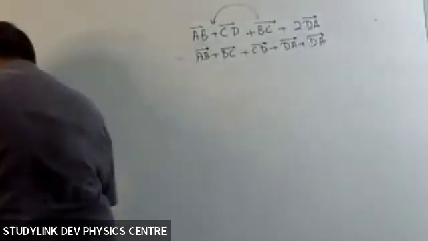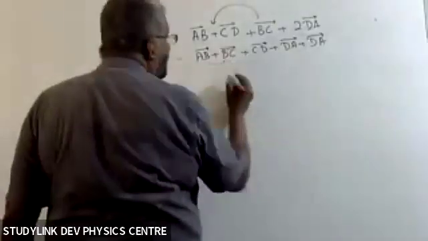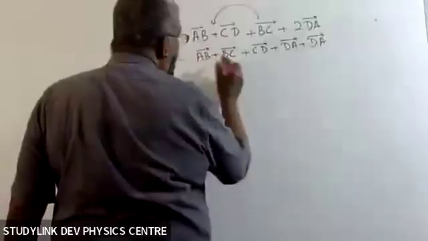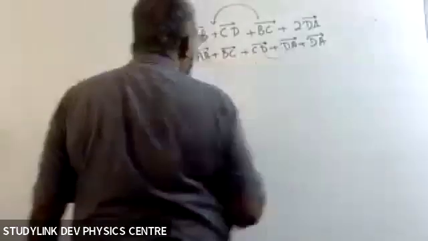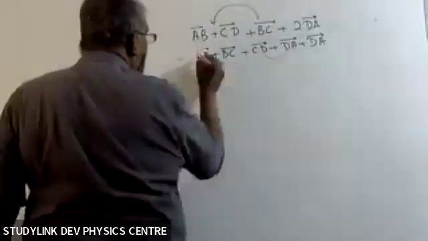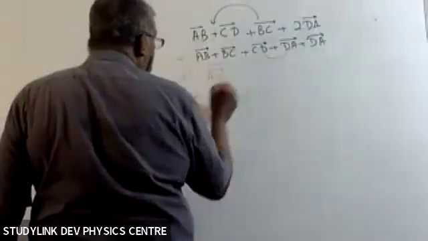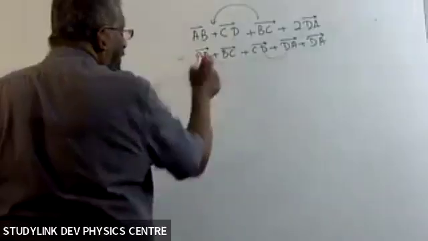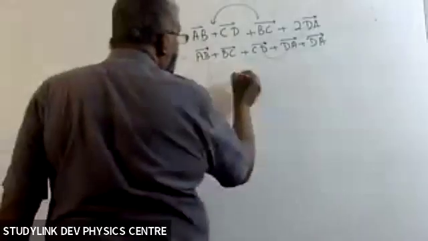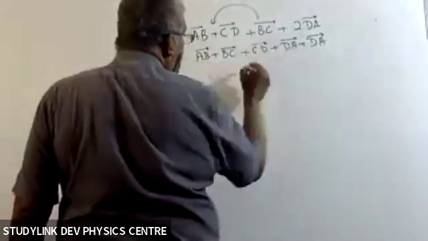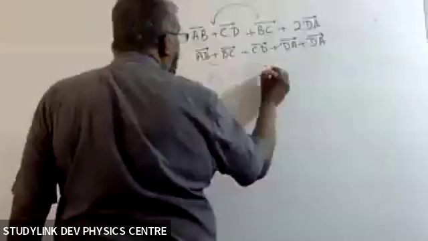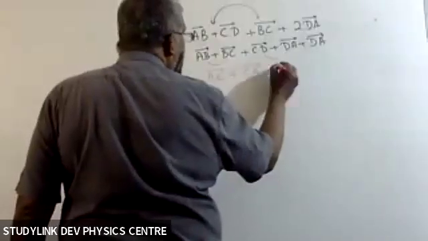These two are the same. These two are the same. So therefore, AB plus BC is AC. You drop B. Then CD plus DA is CA, plus DA.